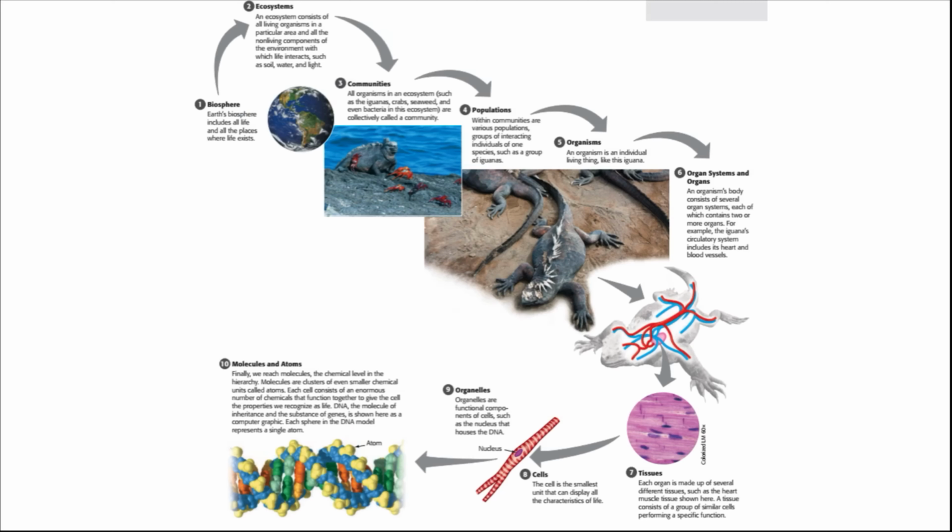So you can see that it's kind of a continuous flow here. The biosphere is made of ecosystems, which is made of communities, which is made of populations, which is made of organisms. And you can really stop at any one of these points and explore scientifically the different structures and components and processes that contribute to these stages. So you might be a scientist that really focuses on DNA, which would be number 10 in this flow chart.